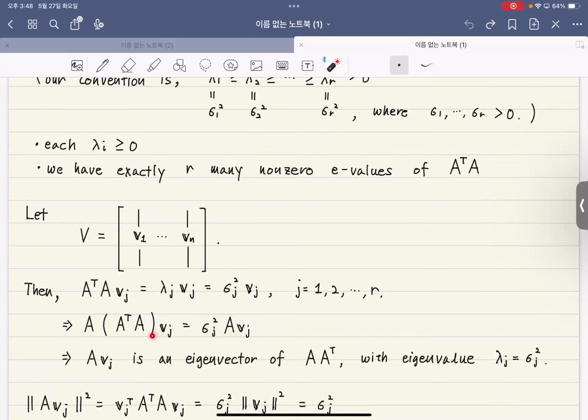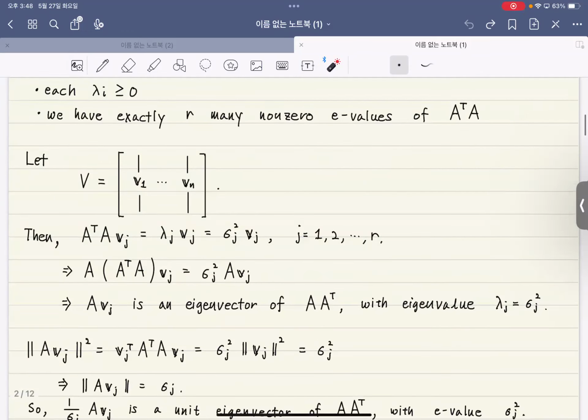Looking at this equation carefully, the vector A times vj is an eigenvector of A A^T with eigenvalue lambda j, which is sigma j squared. So we also found the eigenvectors of A A^T. Some eigenvectors, not all eigenvectors.